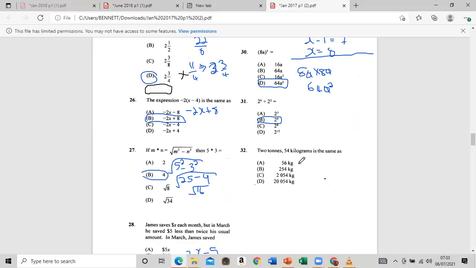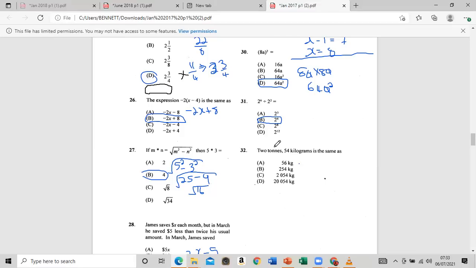2 tons, 54 kilograms is the same as... Now first we need to know how many kilograms make a ton. From my knowledge, if anybody has a different perspective, it's 1,000 kilograms. Long time I do this now.